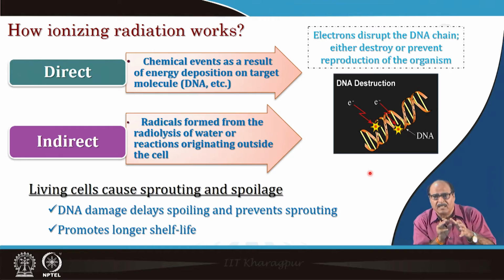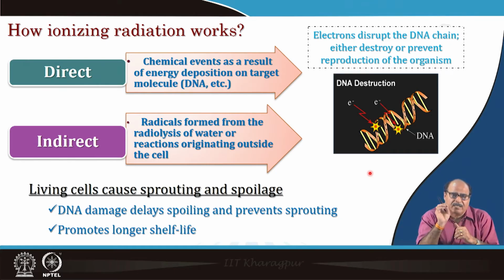It is considered that the ionizing radiation directly hits the genetic material of the organism, like DNA, RNA, etc., and produces the change. Whereas in the indirect action, it is the radicals formed from the radiolysis of water or other reactions originating outside the cell. Mutational changes and other changes may occur in that, which finally results in killing or inactivation.